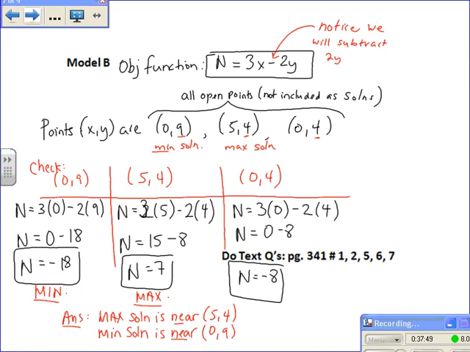If we have dashed lines, strict inequalities, and we can't say the point of intersection is a possible solution, we simply say that the solution is near that point.